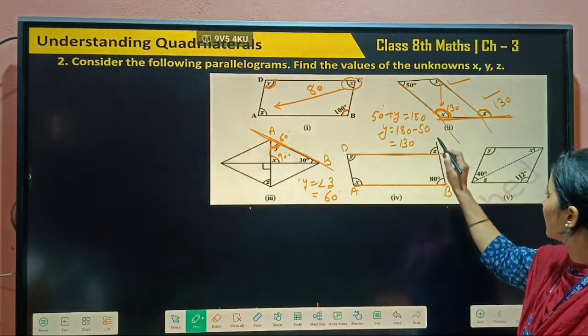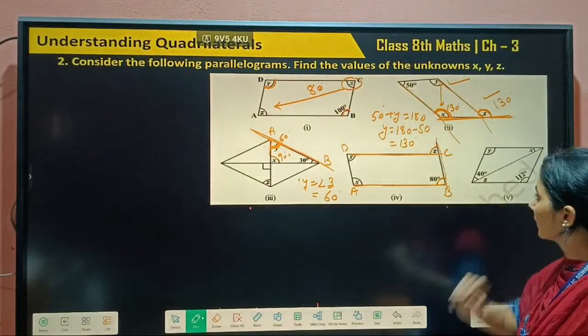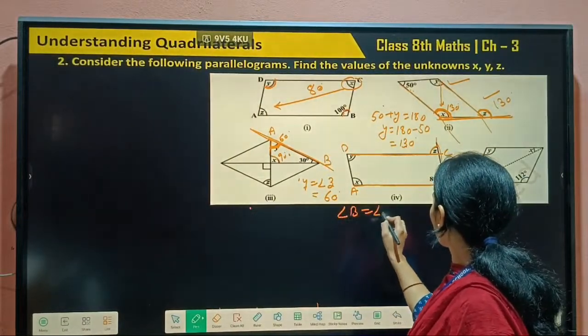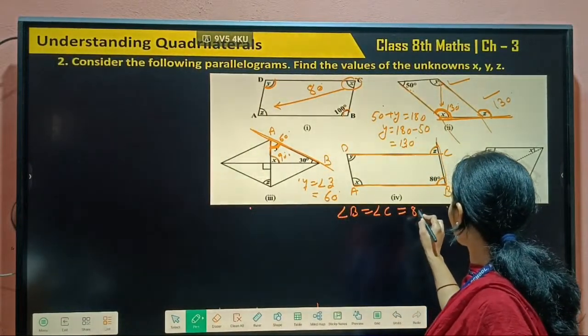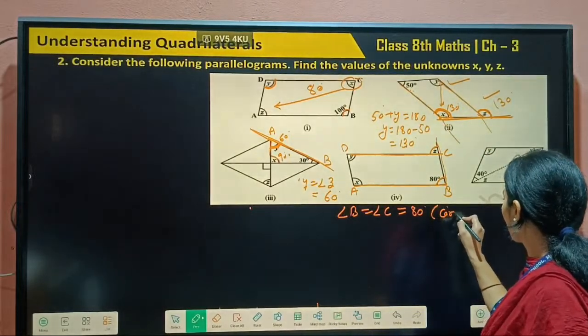These two lines are parallel, and this is a transversal line. So this angle B and this angle C will be equal. I will write angle B equals angle C, and this equals 80 degree. The reason is corresponding angles.